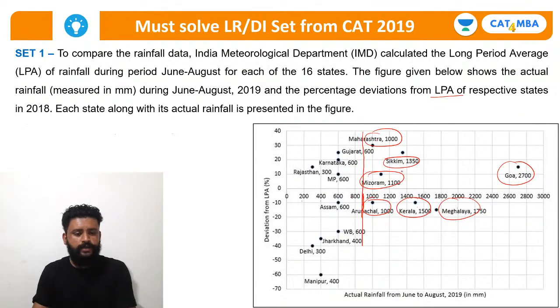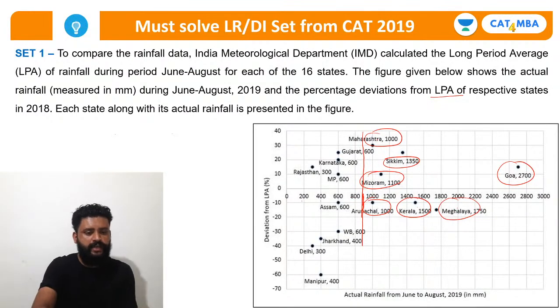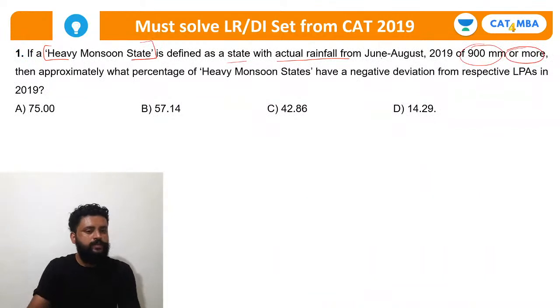Can I say, Nicole, these are 7 which have heavy rainfall. So hopefully you understood. Heavy monsoon states ये है 7, 900 or above, right?